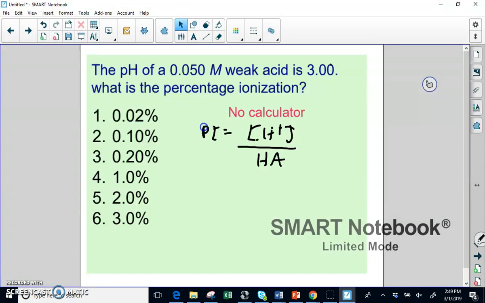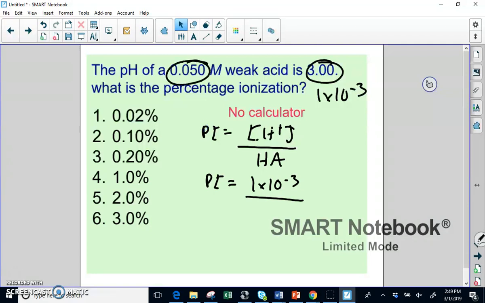This is easy. If the pH is 3, then the hydrogen ion concentration is 1 times 10 to the negative third. And the total molarity of the acid is 5 times 10 to the negative 2, because I just put this into scientific notation.